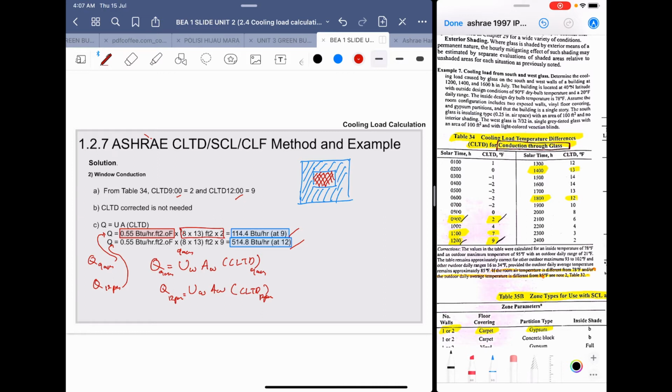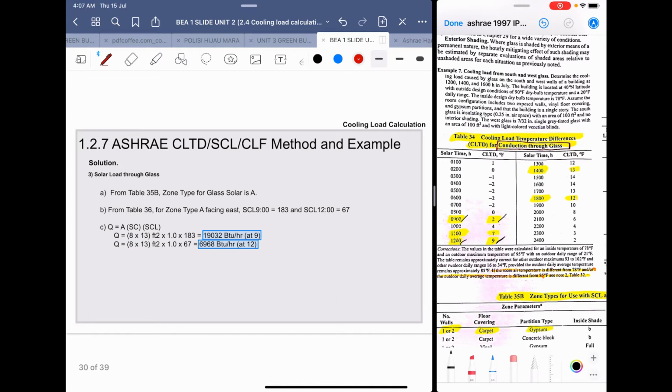Okay, then, as you know, the heat transfer to the window is not just from conduction. The heat from the sun is not only from radiation, but also from the light itself.